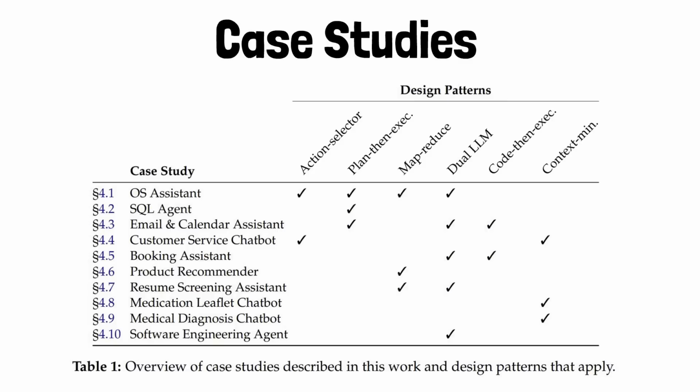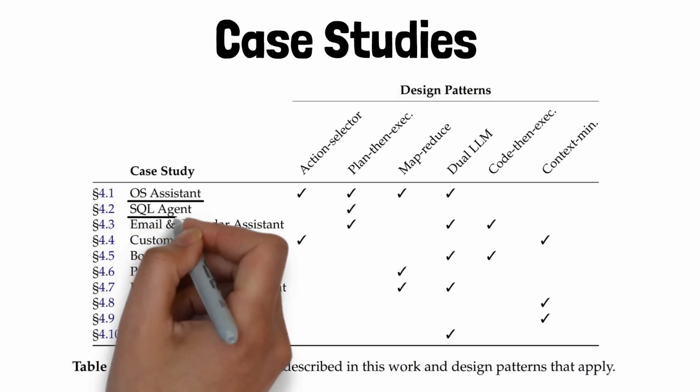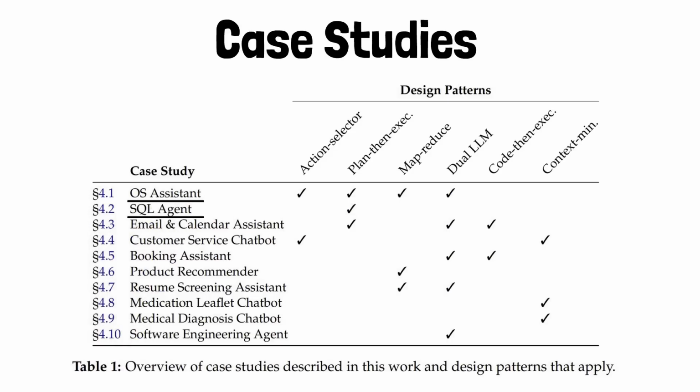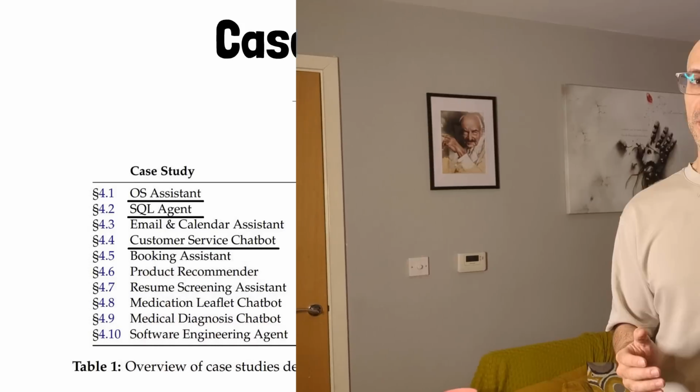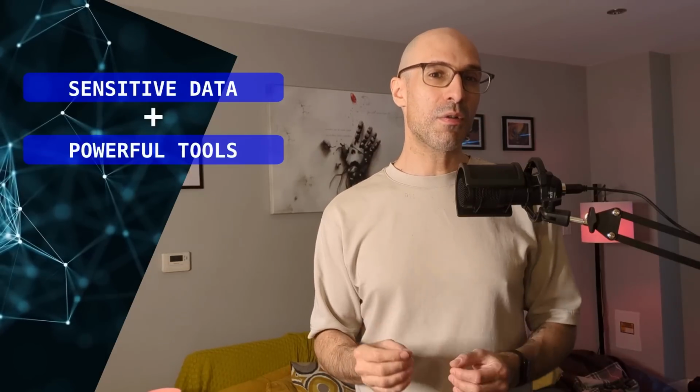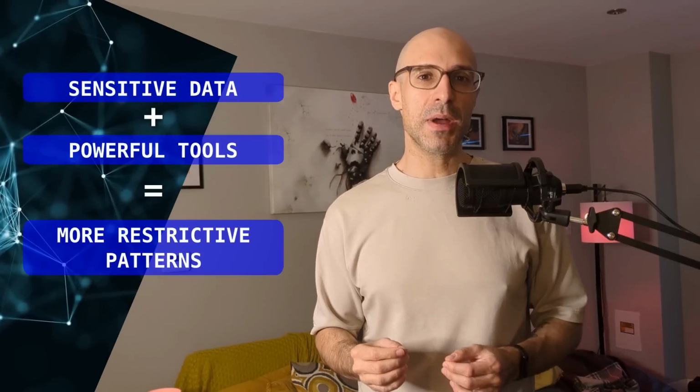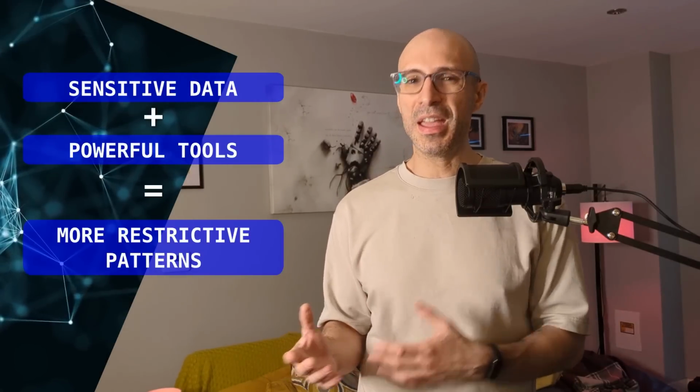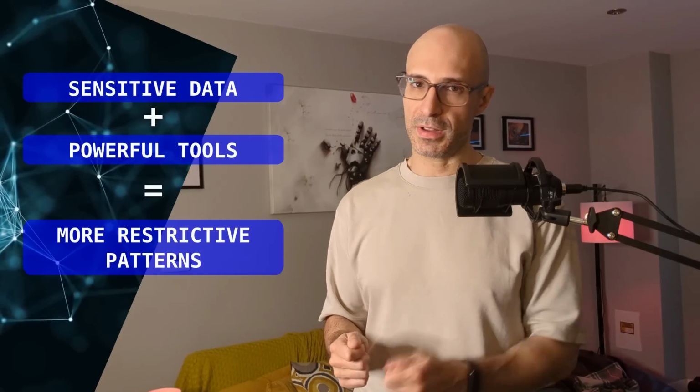The analysis highlights how different use cases, such as a file system assistant or a SQL query builder or a customer support bot, place different demands on security and functionality. For example, agents dealing with highly sensitive data or powerful tools require more restrictive patterns to reduce risk, even if that limits flexibility.